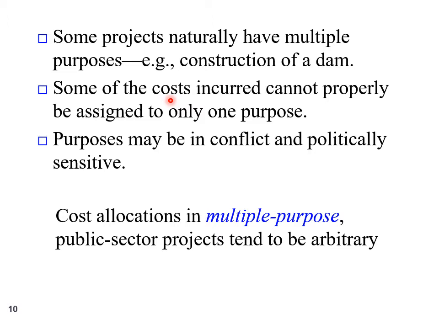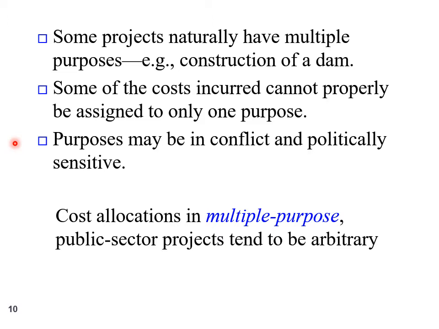What the selling price of the electricity will be depends on the cost allocated for that purpose. But how to allocate this? It is very difficult to allocate the costs to these different purposes. And also, some of these purposes are in conflict and they are politically sensitive. So think about these two purposes.